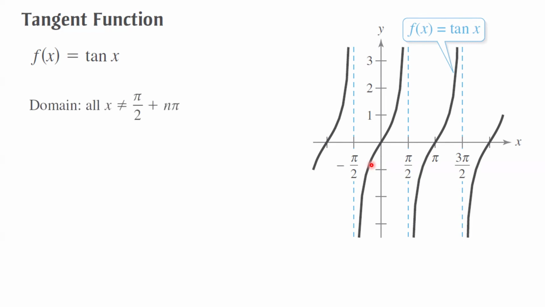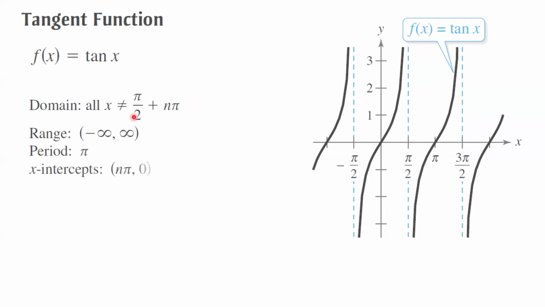The domain is every x value except for pi/2 plus n pi. These are the values that make the denominator equal to 0. What about the range? The range is negative infinity to positive infinity. We don't have any restriction on y values, but we have restrictions on x values. The period of this function is pi. It repeats itself after pi.